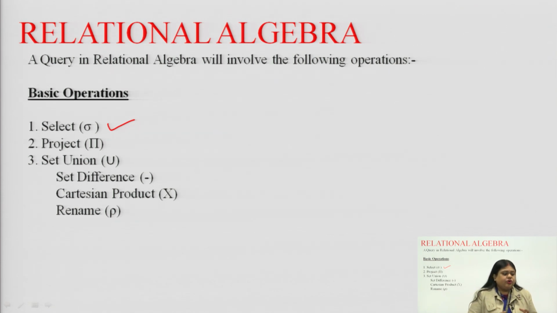Let us say we want to find those students from a database of students who have passed the exam with more than 75% of marks. So, we are going to select certain tuples. In that case, we will be using the select operation. This is very important. Selection is always at the level of tuples.